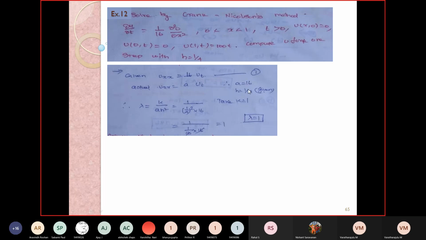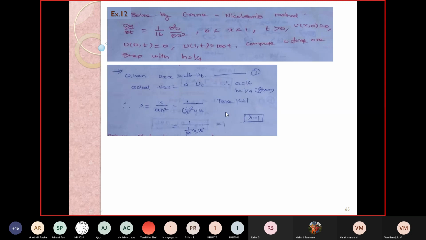Here h is equal to 1/4, given. What we have assumed is lambda is equal to k by a h squared, and I am taking k equal to 1. Usually, in the last problem or in the elliptical problems, we have taken h and k the same, but here take k equal to 1.